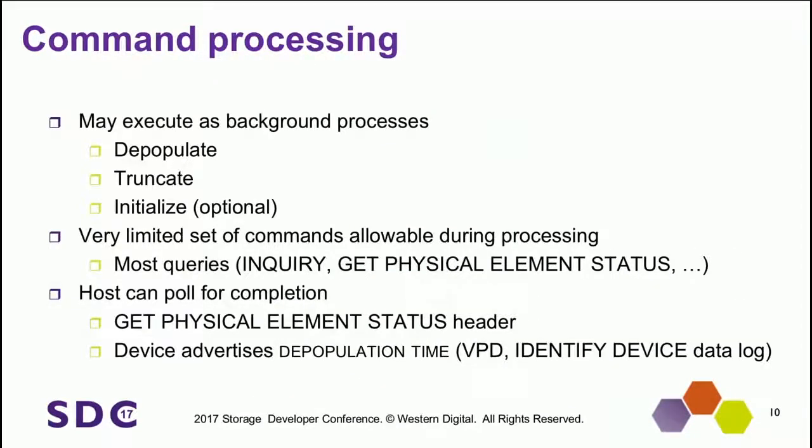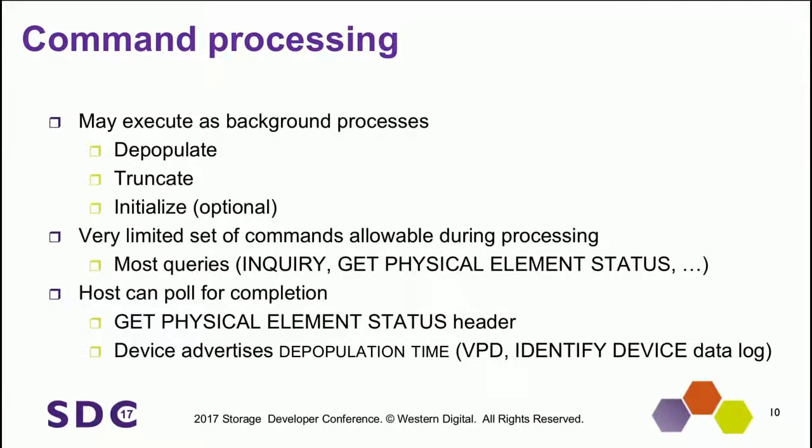All right, so from the drive's perspective, the command processing for a remove element and truncate command, the drive optionally can execute these as background processes. It might be handled as a foreground command, it might be handled as a background command. But there are three distinct phases of the command processing.